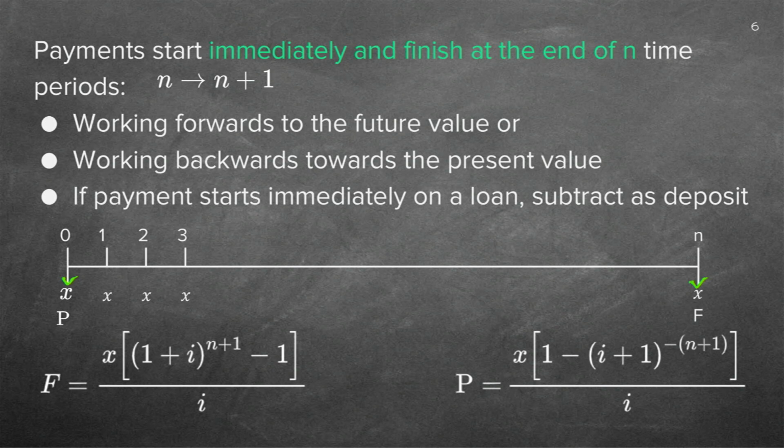Do you agree with me there's one extra payment? Because normally for my F formula, I start at the end of the first month, but now there's an extra payment, the one at 0. So for that extra month, I need to add that payment, and I need to add the payment's interest. So that is why my N changed now to N+1.